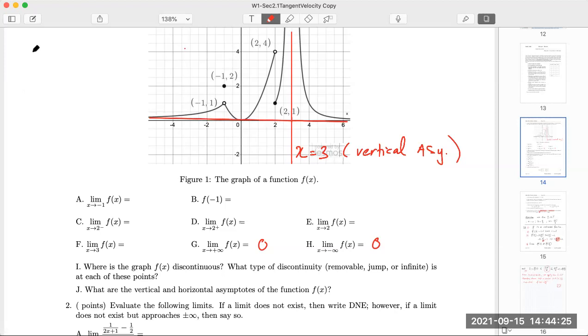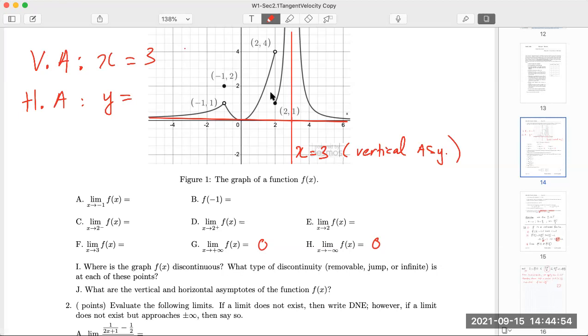In the exams, you can write the vertical asymptote as the equation x equal to 3, and the horizontal asymptote y equal to what? You can just observe the graph and conclude, because we are not given a clear definition of f of x.